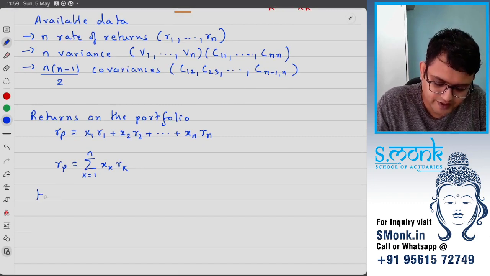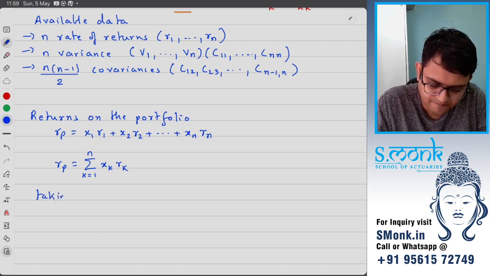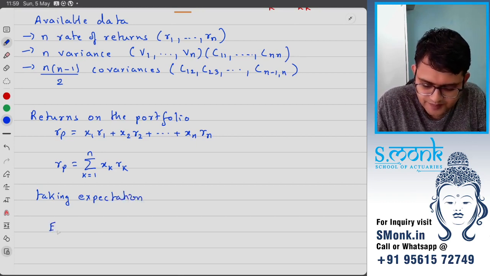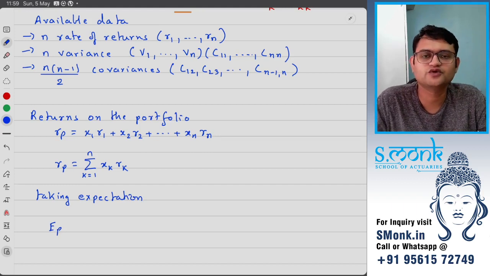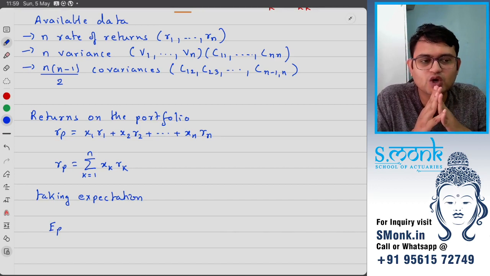Now taking expectation, we can say EP, the expected returns on this portfolio. Now see, these R values are not constants.